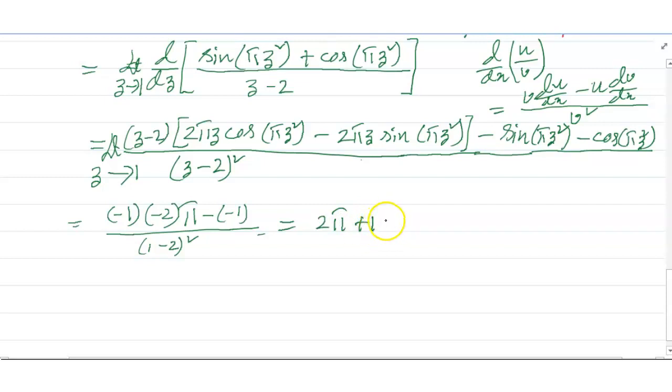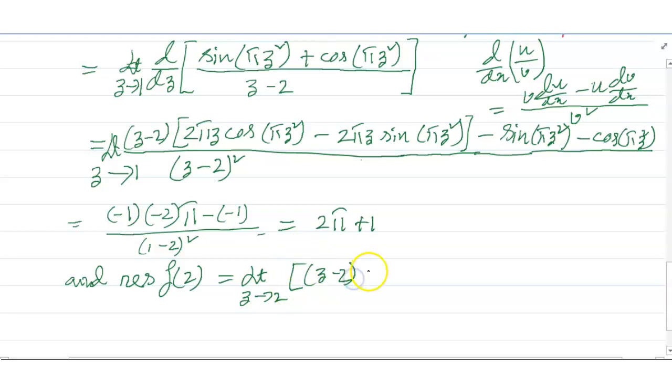And the residue of f2 is limit z tends to 2 of (z minus 2) into f.